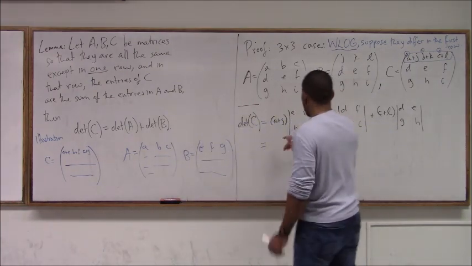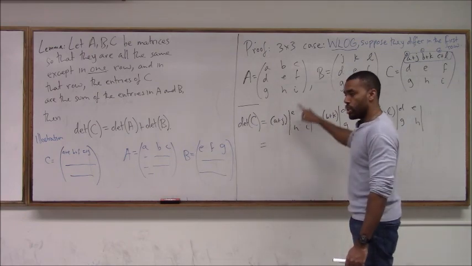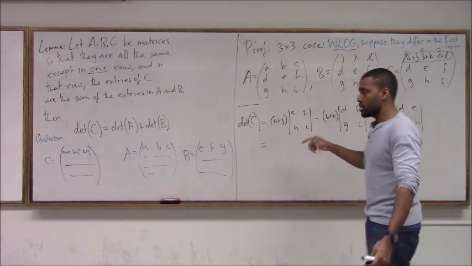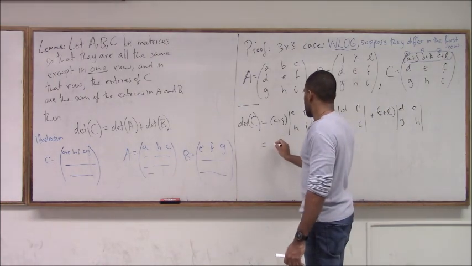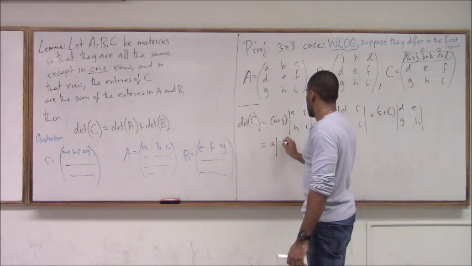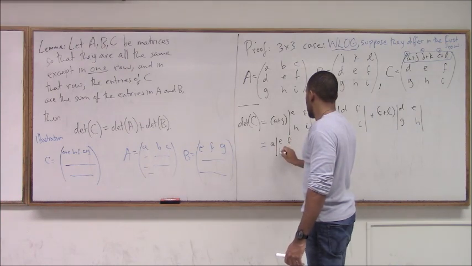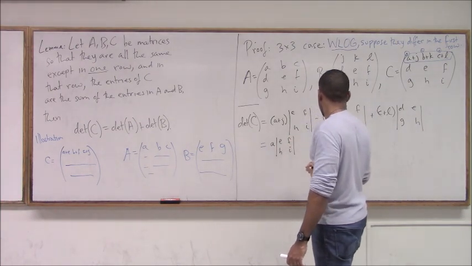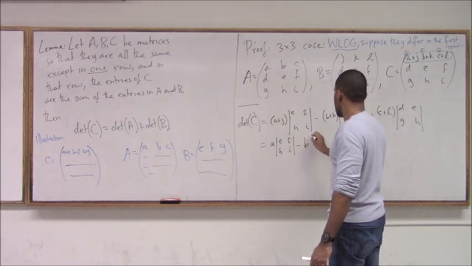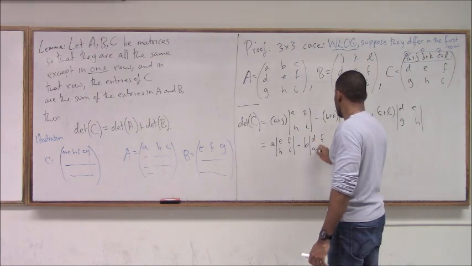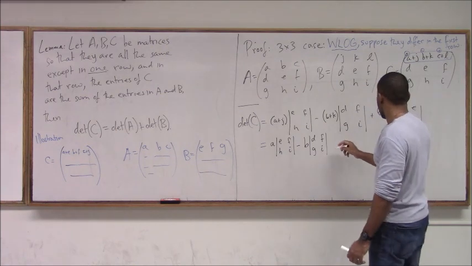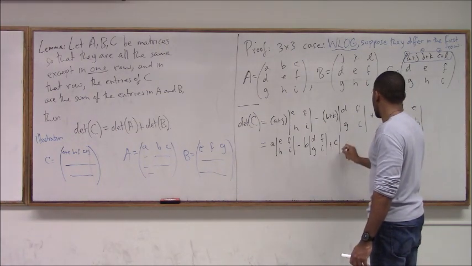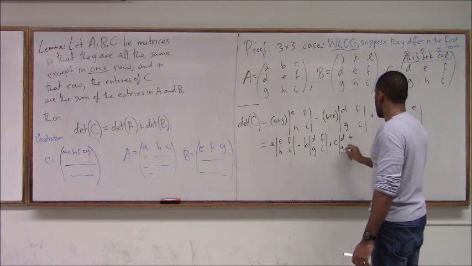Remember, a determinant ends up being just a number, so I can expand parentheses here. I can look at this as a times the determinant of e, f, h, i, minus b times d, f, g, i. I can't bring the numbers inside, but I can multiply out here. Plus c times d, e, g, h.